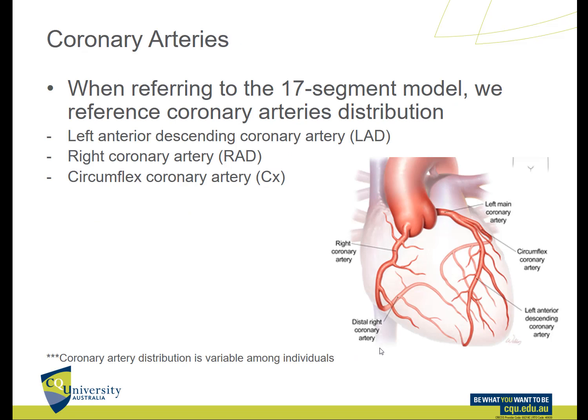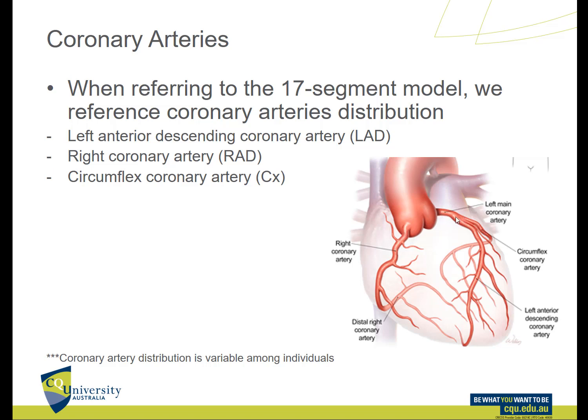We'll briefly review our coronary arteries here. As I mentioned before, with this 17-segment model we do reference the coronary arteries. Essentially, we can see our heart here. We have our aortic root, and off of our aortic root we have our coronary sinuses that come off.